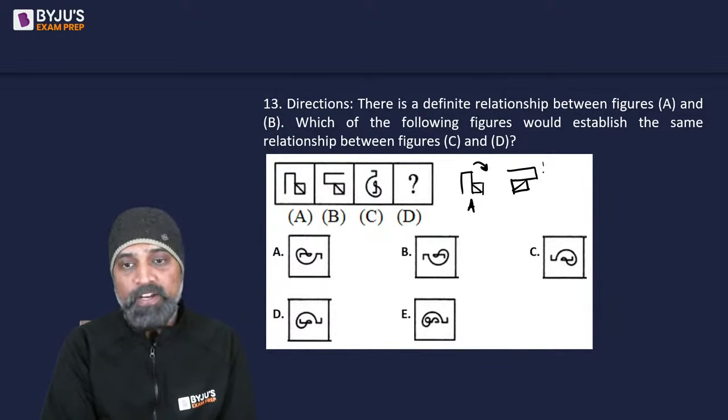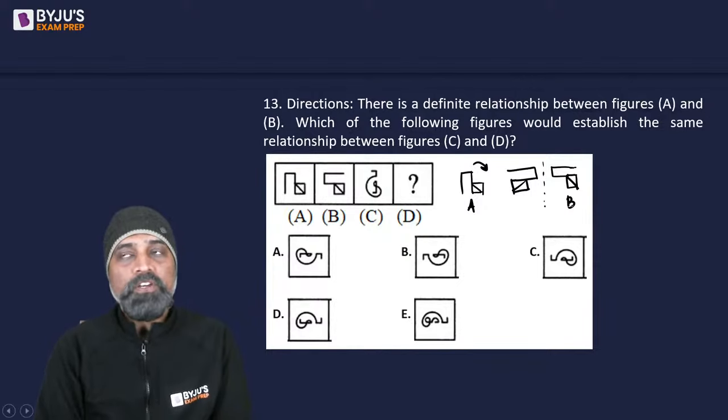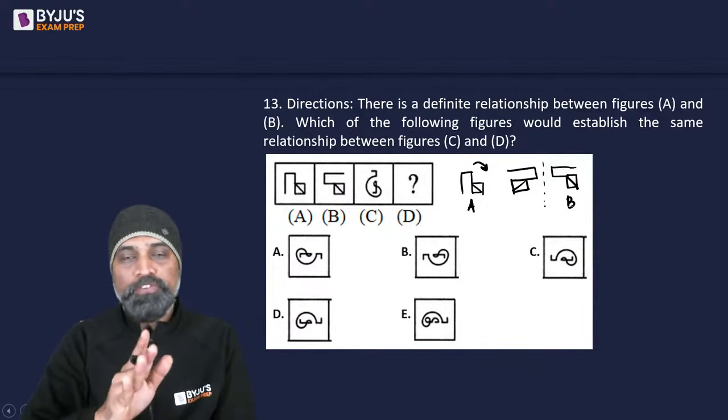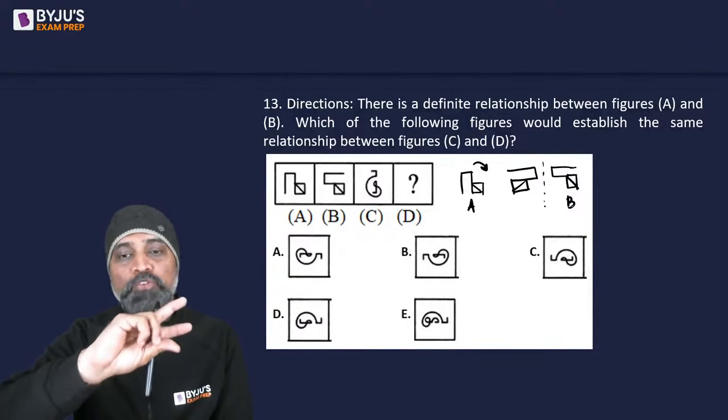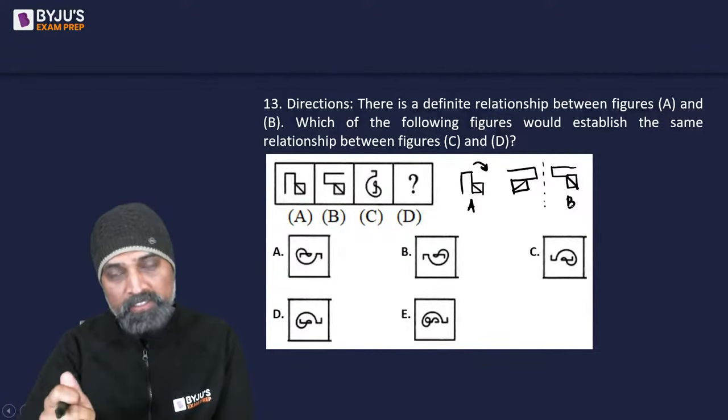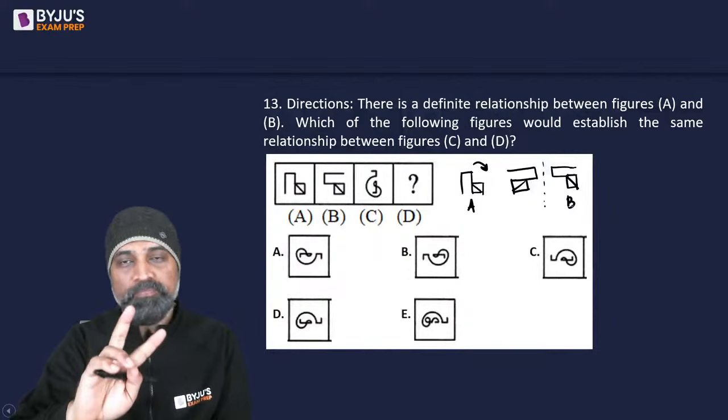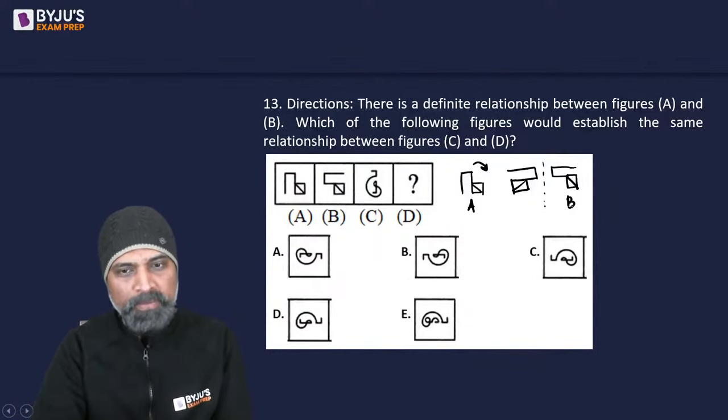And then if I draw its mirror image, I will end up at B. So there are two steps involved. Whatever figure is given, you completely move it 90 degrees clockwise. And once that is done, you simply flip it, as in draw the mirror image.